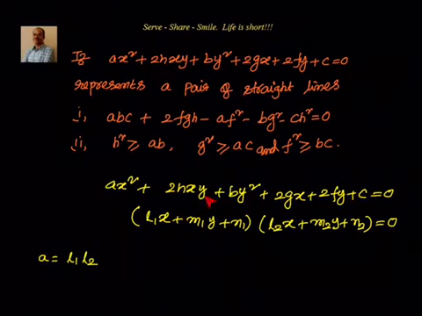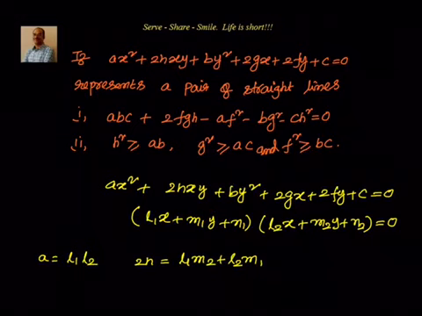Next, 2hxy: the xy term will come when I multiply L1x with M2y and M1y with L2x. So I can write down 2h = L1 M2 + L2 M1. We are comparing xy terms here.